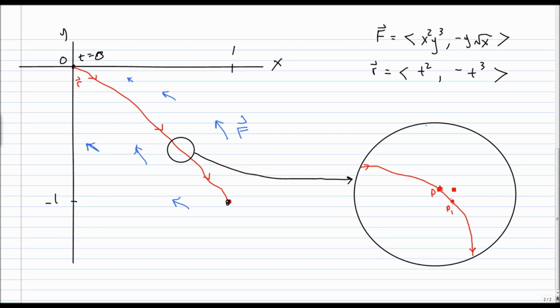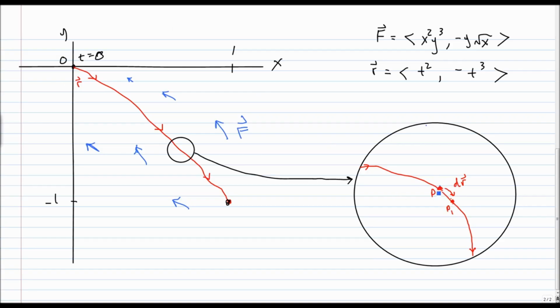Okay, so if we want to know how much the particle was displaced from the point P to some other point P1, then maybe that's a little tiny differential vector that I'm going to write like this. You can think of dr as being a differential change in the position from P to P1.